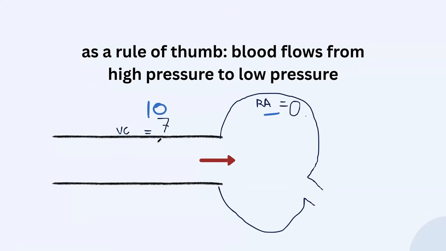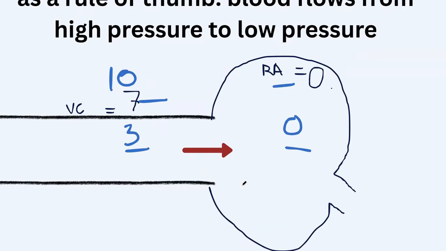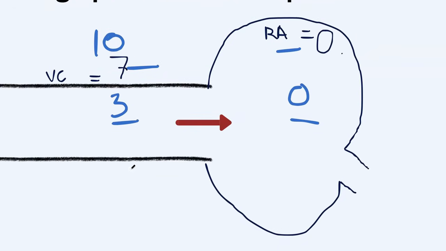If the vena cava pressure drops to, for example, 3, and right atrial pressure is still 0, what will happen? Blood flow will still happen, of course, because this is high pressure and this is lower pressure. However, the blood flow is going to be less compared to 7 and 0 because 3 and 0 is a smaller pressure gradient. Okay? Now, a very interesting case is when vena cava pressure is 0, so mean systemic filling pressure is 0, and right atrial pressure is also 0.